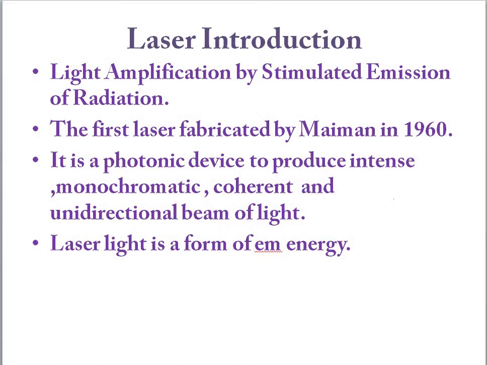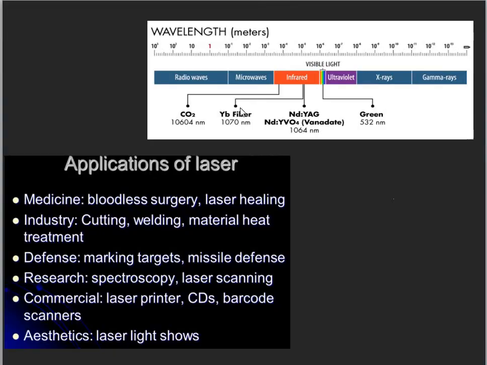They are highly monochromatic. So this diagram shows its range. Here, from far infrared to ultraviolet. Here it is green color. It is neodymium, and YAG stands for yttrium aluminium garnet.